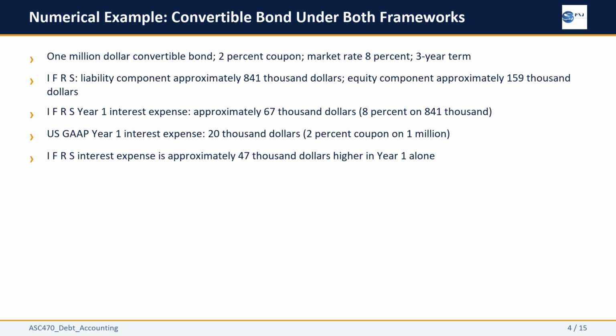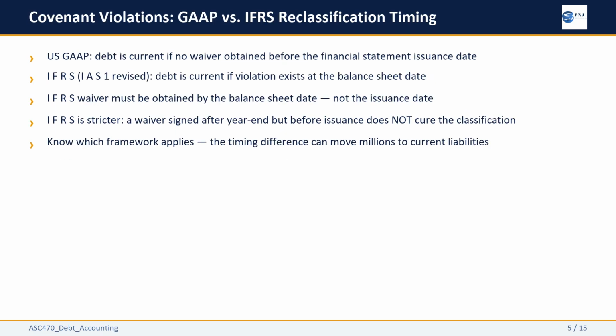Watch out for this one if your company has operations under both frameworks. Most people assume the rules for covenant violation reclassification are the same under both frameworks. They are not, and the difference matters enormously at year-end. Under US GAAP, if you violate a covenant, the debt becomes current unless you obtain a waiver before the financial statement issuance date. You have time after the balance sheet date to get that waiver.